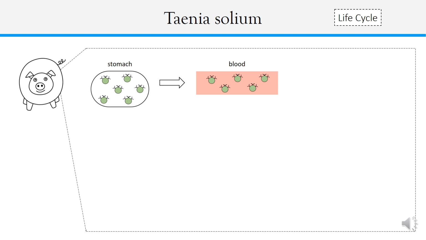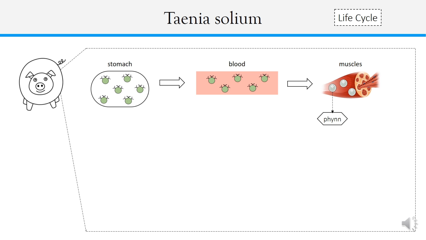So, oncospheres released in the stomach will next be transferred into the blood. And there, through the blood circulation, oncospheres will arrive in the muscles. And there, inside the muscles, the oncosphere will be transformed into the fin. But both of them are immature forms of Taenia solium.